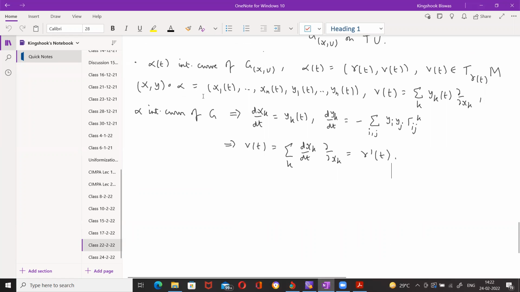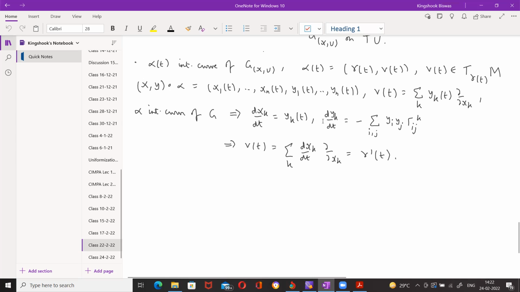Alpha prime will be the summation over k of dxk/dt del del xk plus dyk/dt del del yk. So alpha being an integral curve of G means that dxk/dt has to equal yk(t), right? And also dyk/dt has to equal minus the sum over i, j of yi yj Gamma^k_ij, right?